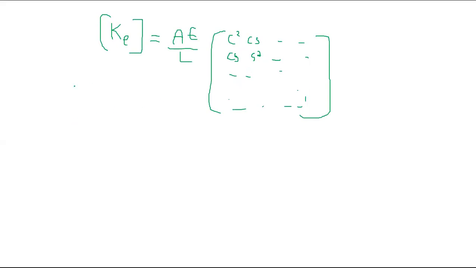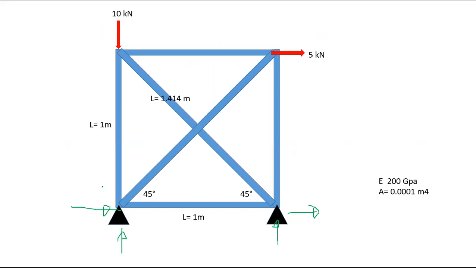So for the first element, there are 6 elements, 1 to 6, right? So I'll call this first node, second node, third, and fourth. The angle is the one which it makes with the positive x direction.